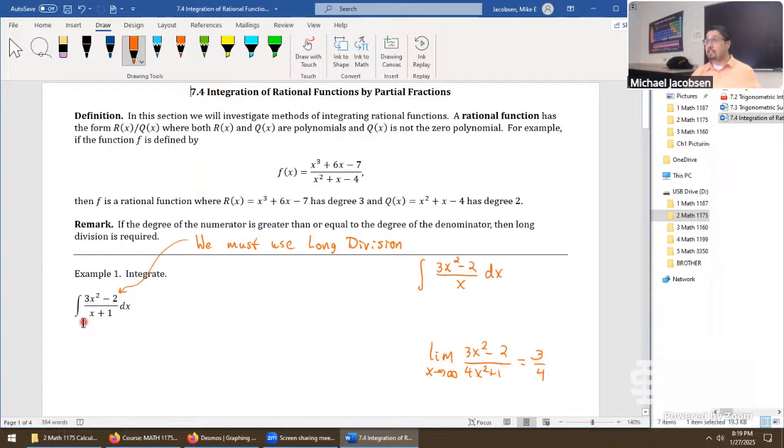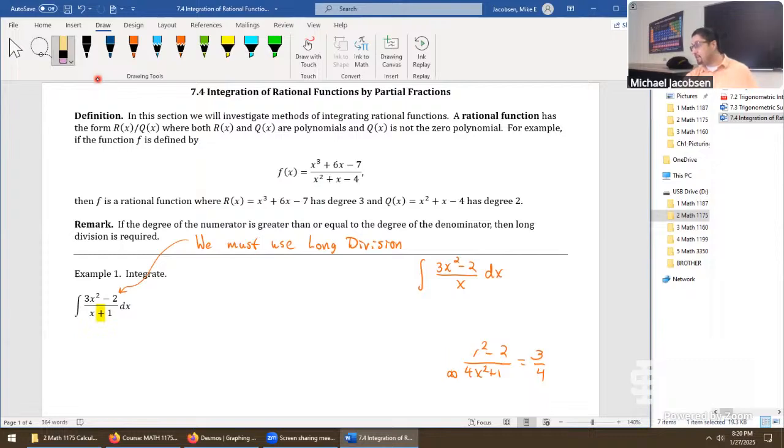Anyone spot the difference? Yeah, go ahead. Or you can simplify that one, you'll get the integral of 3x minus 2 over x, and then you can integrate that separately. Exactly, yeah. The whole problem with this one, the reason this one's in calculus 2 and this one's in calculus 1, is because addition and subtraction often messes things up in algebra, and that's the problem right here. You can't split this integral, aside from splitting it up by using long division.